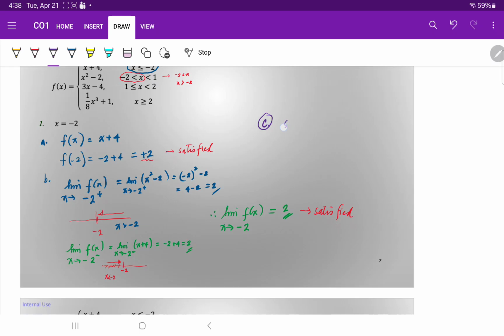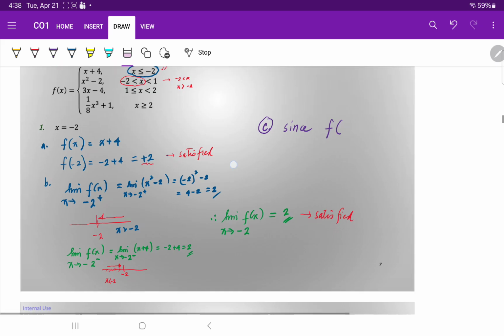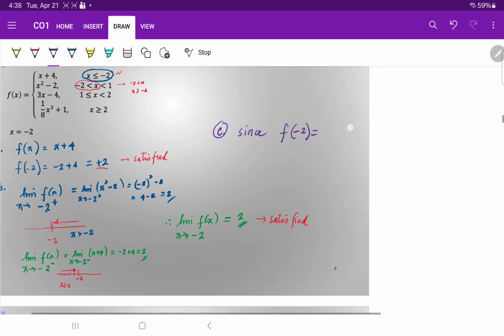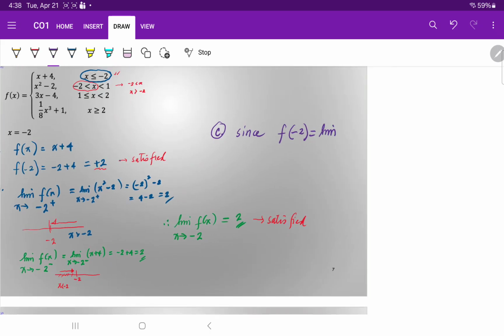Since f of c, sorry, let's use f of negative 2, then f of negative 2 is equal to the limit of f of x as x approaches negative 2, okay?